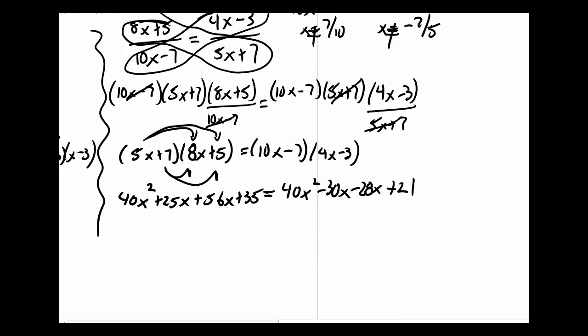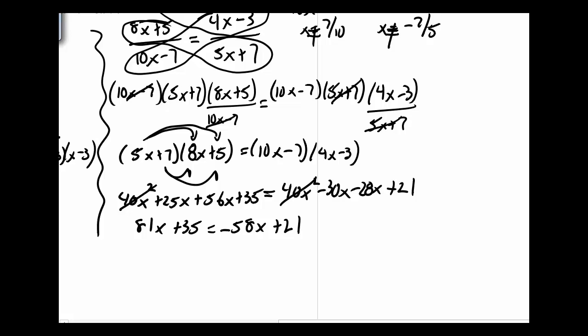Now, what do we notice is consistent on both sides? They both have that 40x squared. So in essence, I can subtract off the 40x squared, and that's going to go away. When I combine like terms, here I get 81x plus 35, so the 25 and the 56 give me 81. And over here I get negative 58x plus 21.